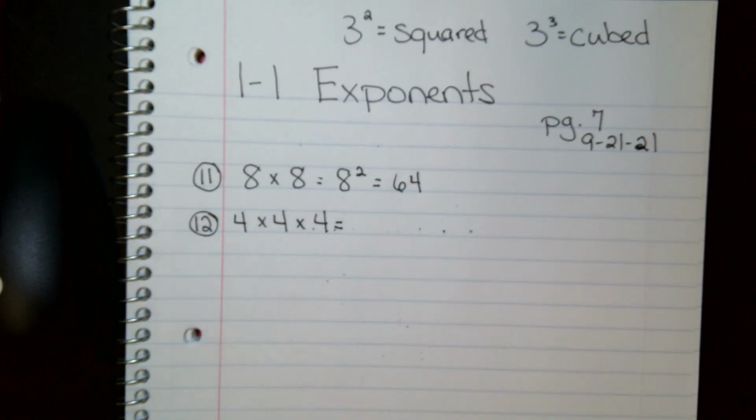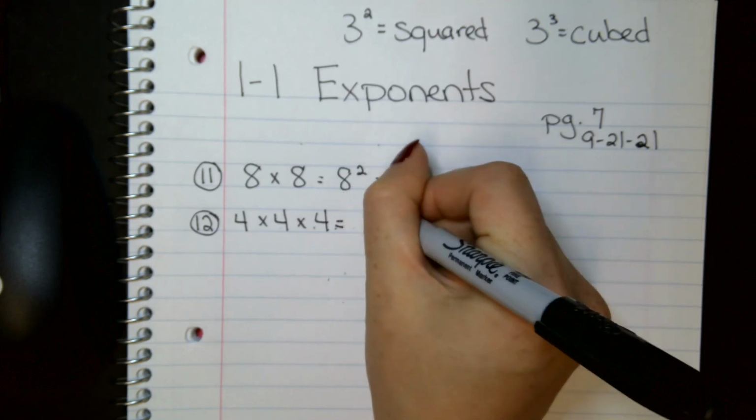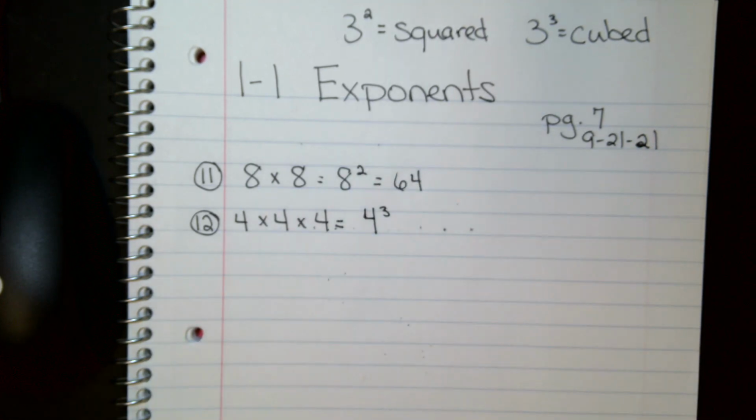All right, help me out with number 12. What is this one? 4 to the power of 3, or we can say 4 cubed. Exactly.